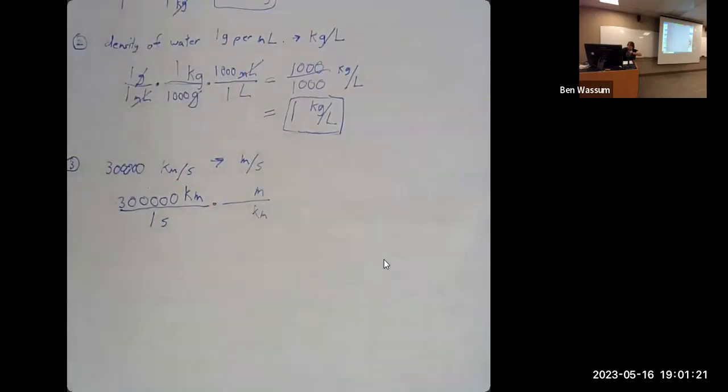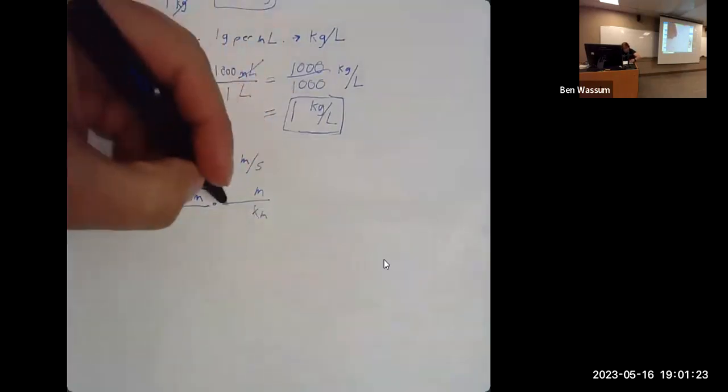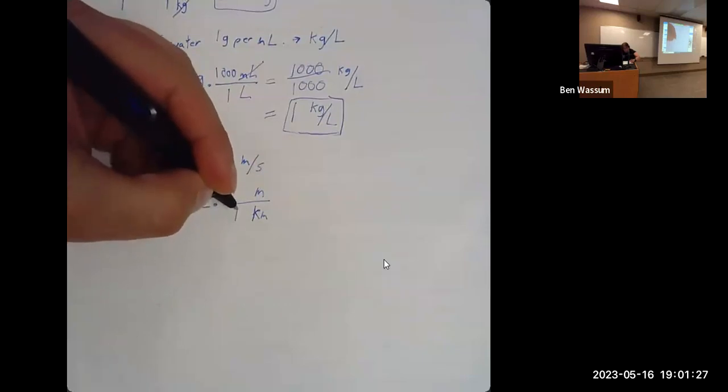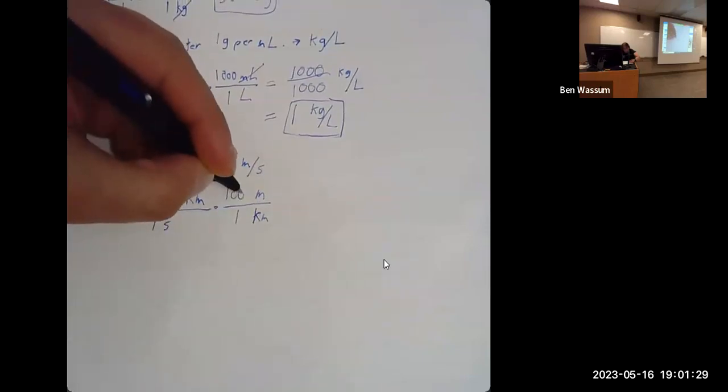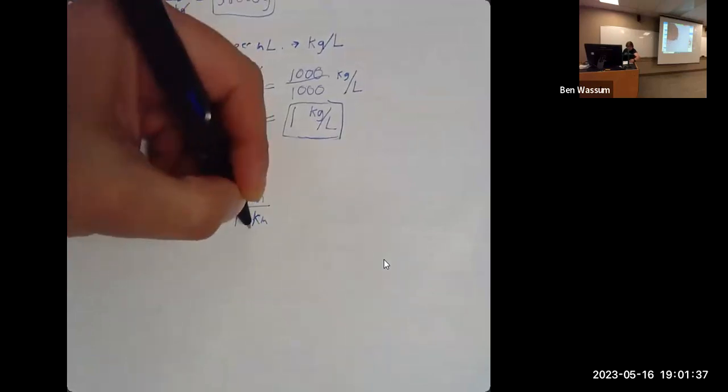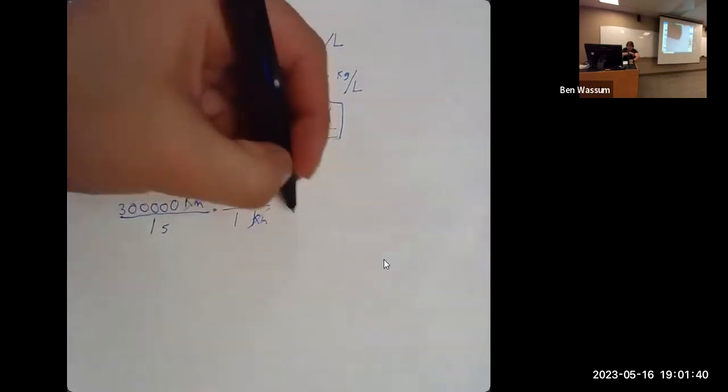So kilo means 1,000. So for every 1 kilometer, there are 1,000 meters. Kilometers cancel. We're now in meters per second.